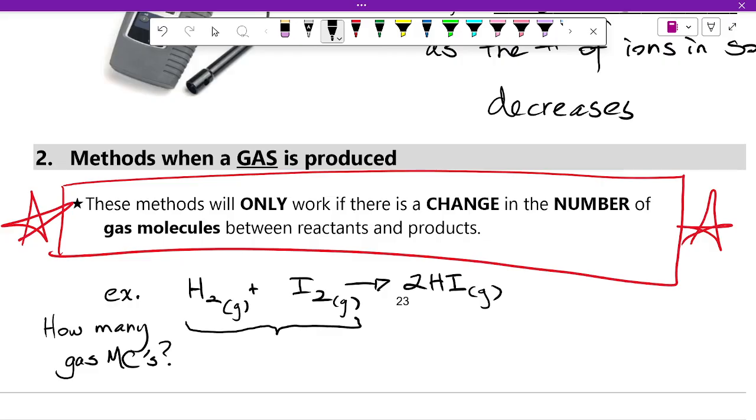How many gas molecules in the reactants? Chat with your neighbor, and then we're going to vote. Look at the coefficients.